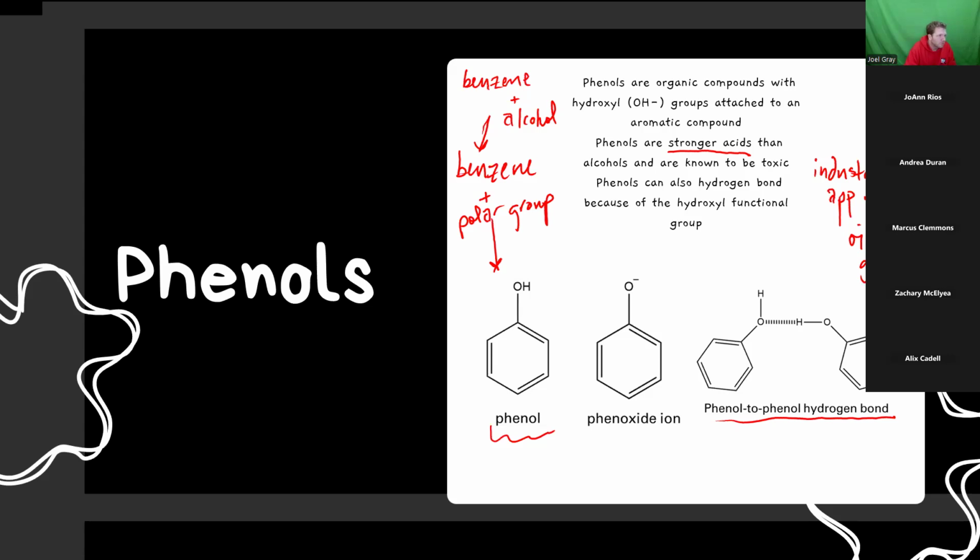It's used in making medicine. And then it's also used in skincare treatments. So that's one way in which phenol is used.